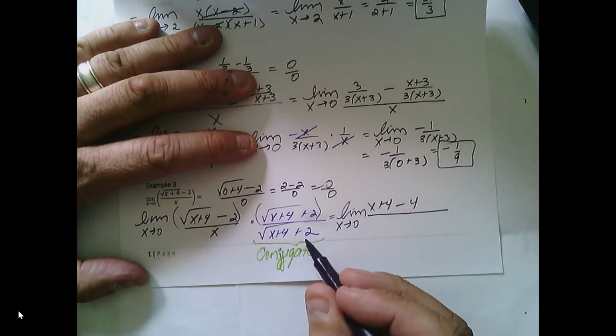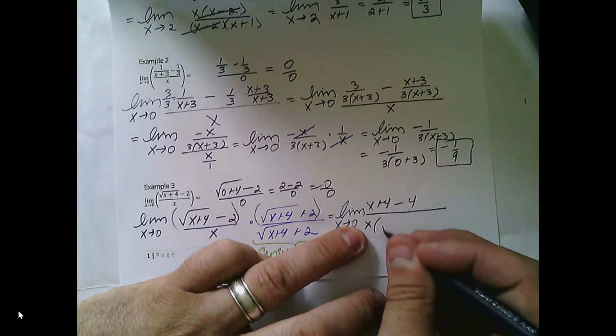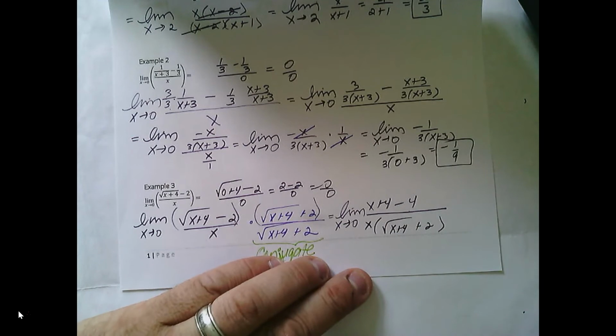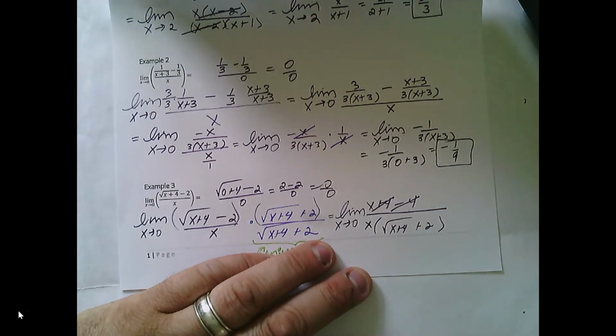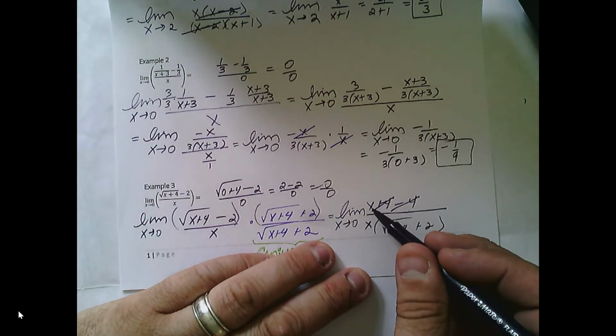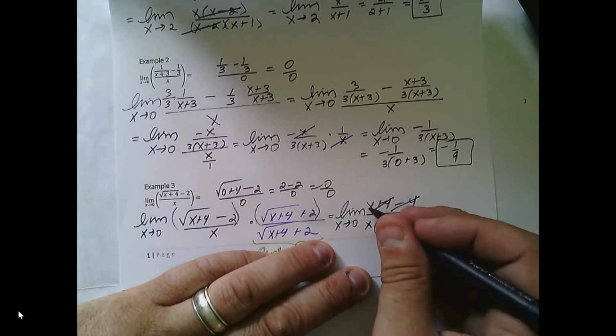Now I'm not going to distribute in the denominator, and you'll see why in just a second. You've got x times the square root of x plus 4 plus 2. Like we said earlier, the plus 4 and the minus 4 cancel out, or add up to 0. You have an x as a factor in the numerator and x as a factor in the denominator.